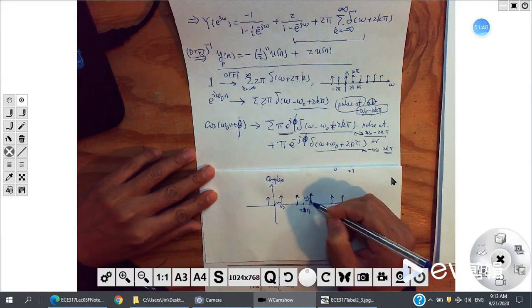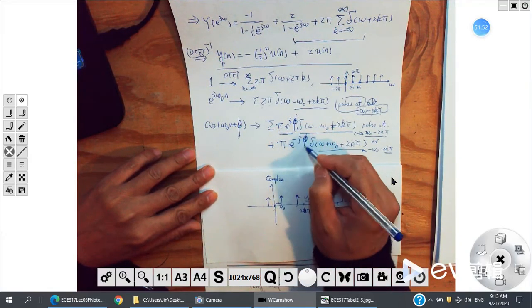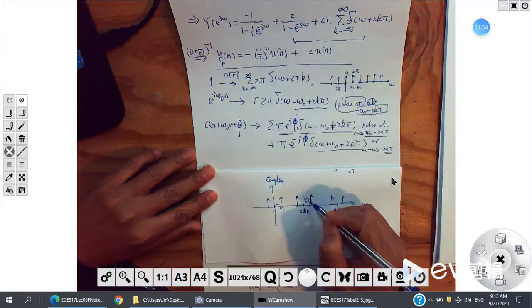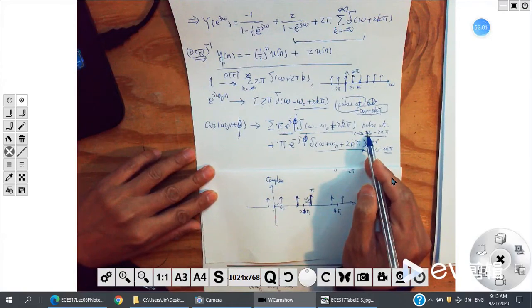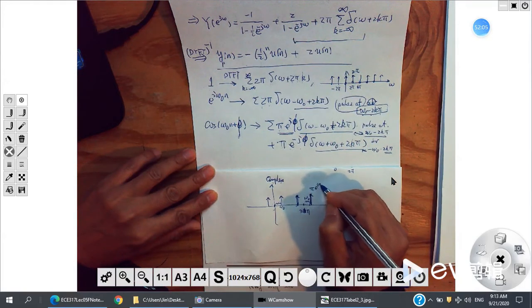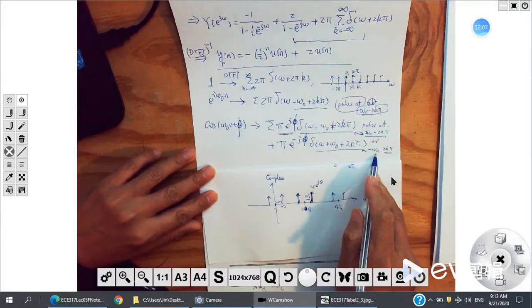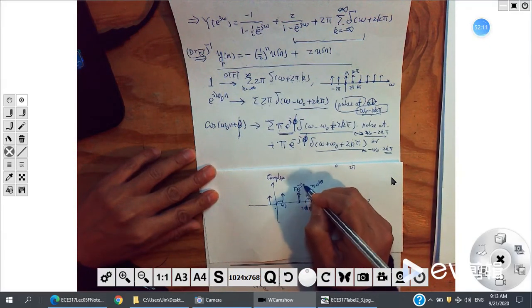This value is pi times this, or pi times negative this. So these two are different. This is a pi e to the j theta at plus omega 0, and this is minus omega 0 with pi e to the negative j theta.